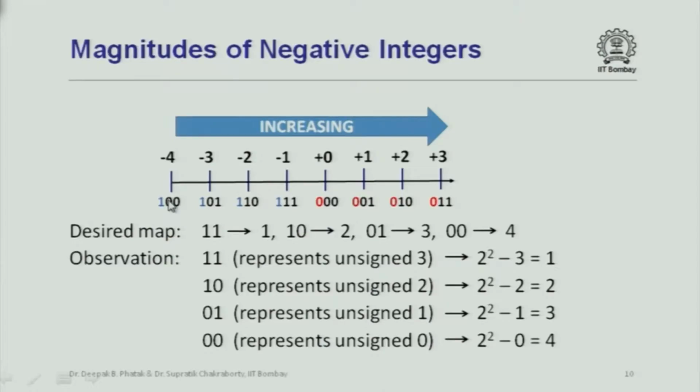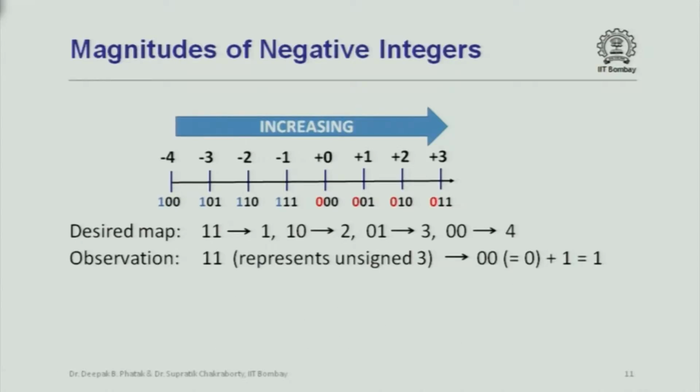Right? I mean, I want this to represent the largest magnitude, and that largest magnitude is 2 squared, which is 4. This to represent 1 less. I mean, if you look at it, this is just these bits, it's increasing as 0, 1, 2, 3. And I want the magnitudes to reduce as 4, 3, 2, 1. So clearly there has to be a subtraction relation over there.